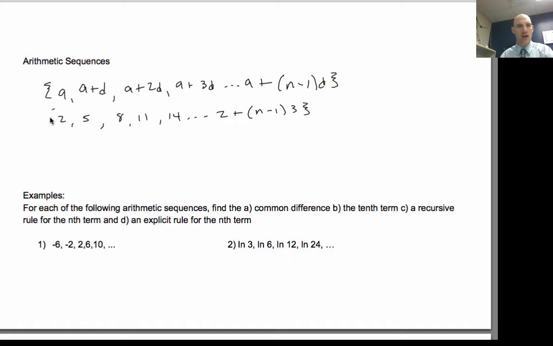Okay, so you can see what's happening here. An arithmetic sequence adds the same thing to each consecutive term. Okay, so we're adding 5, adding 3. Well, what that gives us is D is our common difference. D is the common difference.